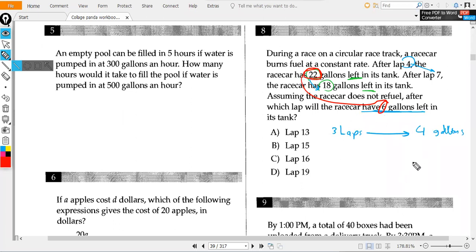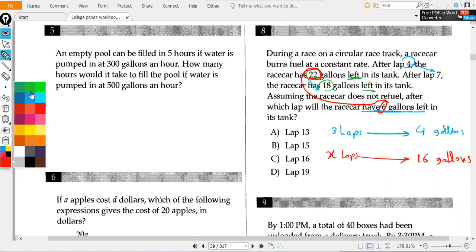Is 16, right? Right. Good, 16 gallons. And we need to find the number of laps. During how many laps will these 16 gallons burn?